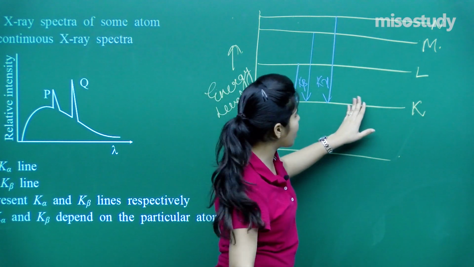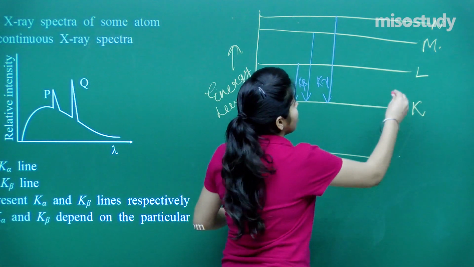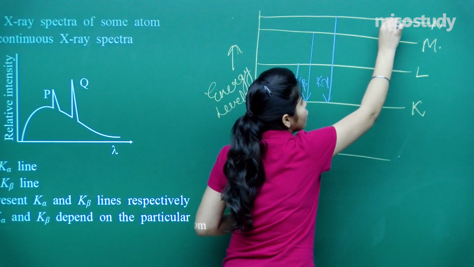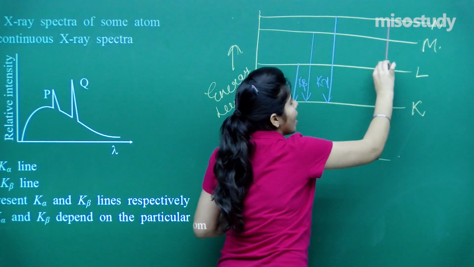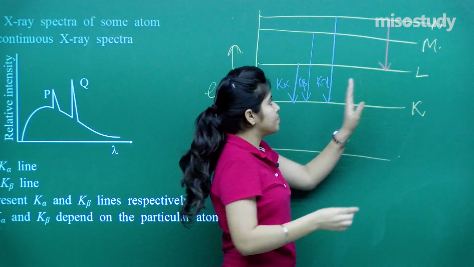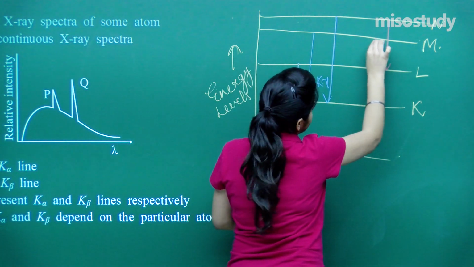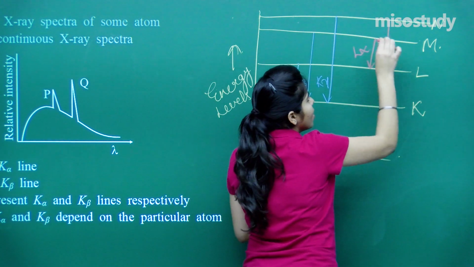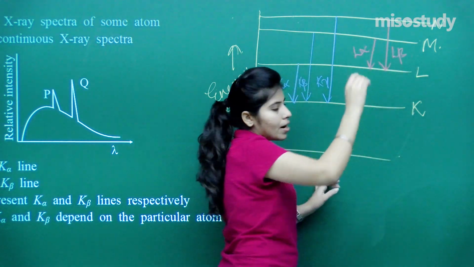Similarly, for the L alpha and L beta lines, if it is coming from any higher energy level to the L shell, that will be your L alpha line. So here this will be your L alpha, this will be L beta.